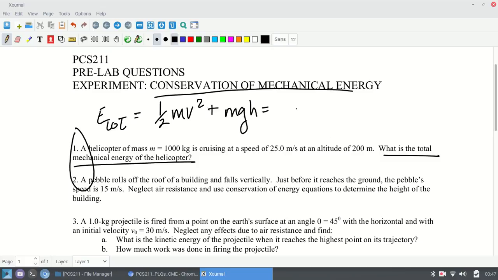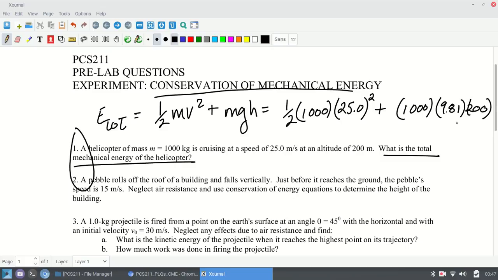So you have to do half times 1,000, times 25.0 squared, plus 1,000 times 9.81 times 200. Once you work this out, you'll get an answer.